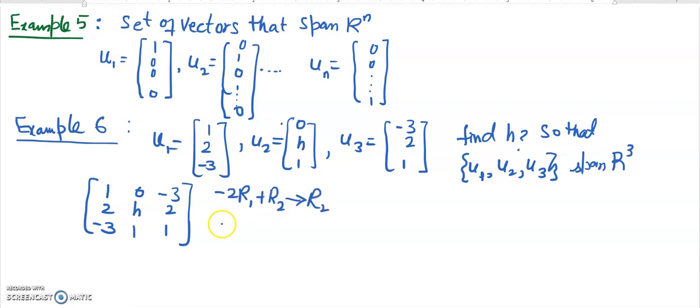The second row operation will be 3 r1 plus r3, that will be the new r3.